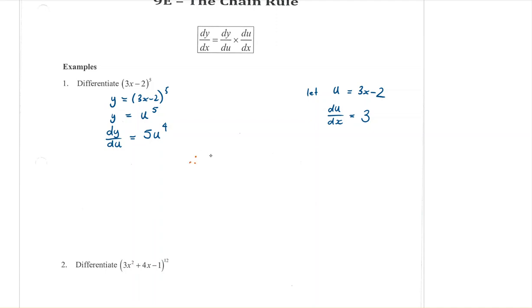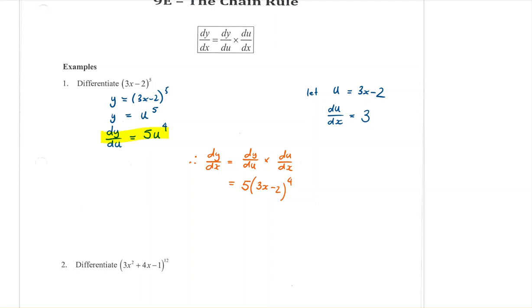So therefore, dy over dx is going to be equal to dy over du times by du over dx. So dy over du, that was this one over here, that was equal to 5u to the power of 4. So instead of using the pronumeral u, I'm going to sub back in that u was equal to 3x minus 2, and that is to the power of 4.